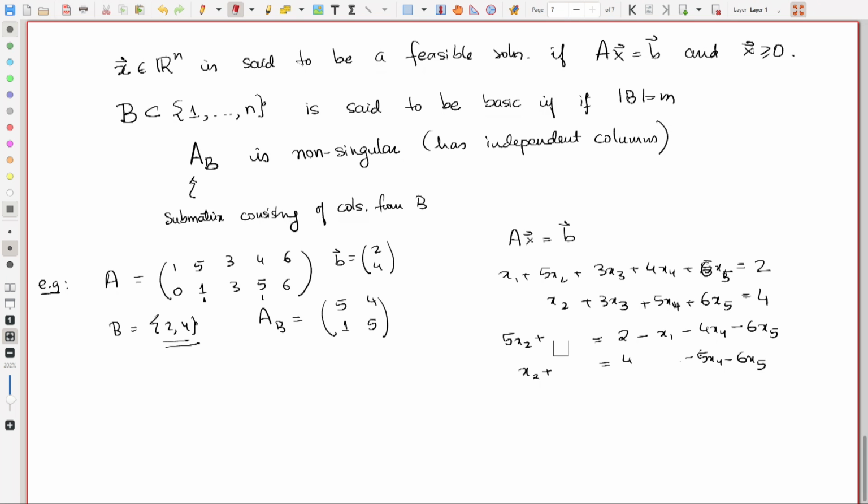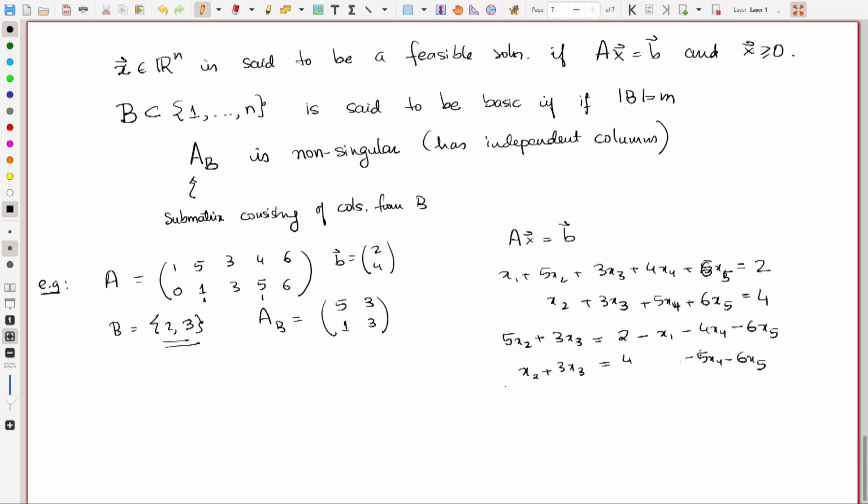Maybe it is easier to change this 4 to a 3. So, let us just cheat here and change this. So, then A_B is what? Now, I have to change this also. So, 3 3.